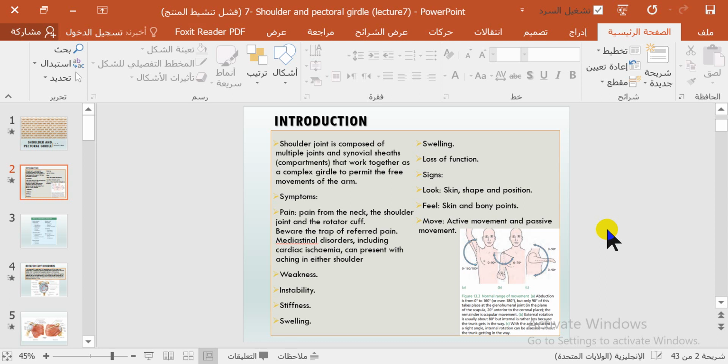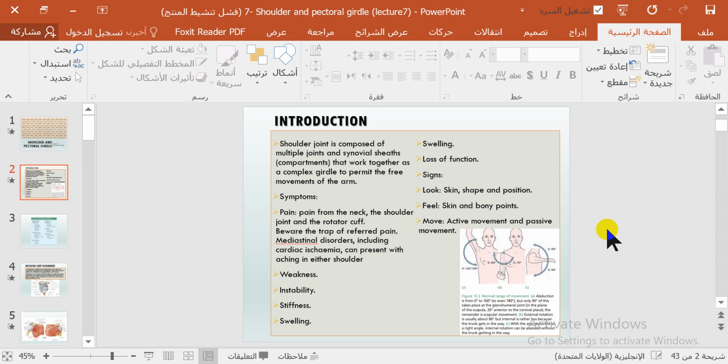Sometimes the shoulder pain originates from the shoulder itself, or is referred or radiated from the neck, or referred from mediastinal disorders, including cardiac ischemia. Also, sometimes from lung lesions like a Pancoast tumor in the apex of the lung, and so on. And the type of the pain, whether aching pain or stabbing pain, and so on.